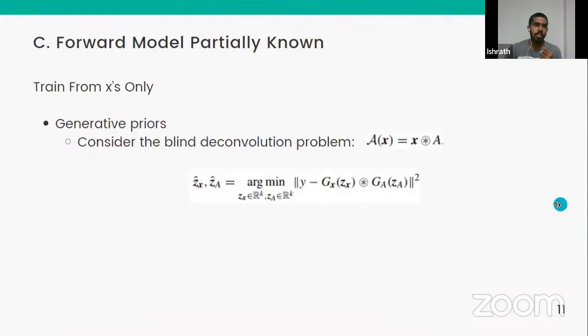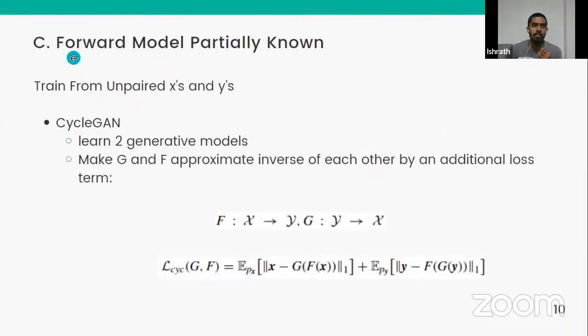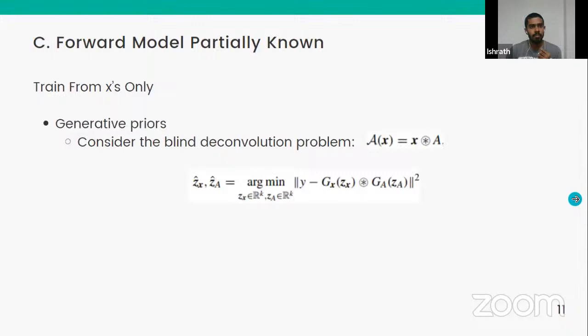Moving on to the next subcategory of this forward model partially known: when we don't have the y's, but we only have the x's. In this case, it becomes harder because we don't know the exact forward model, and we don't have y's in our hand.